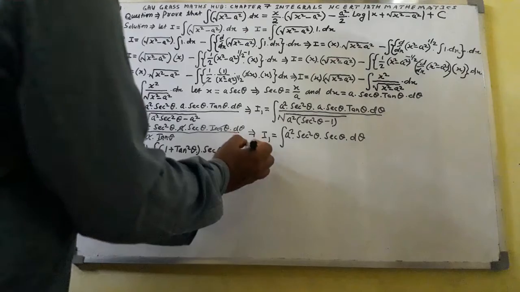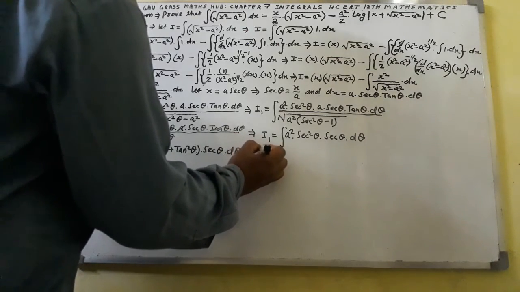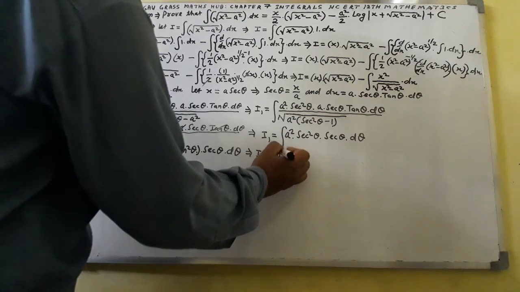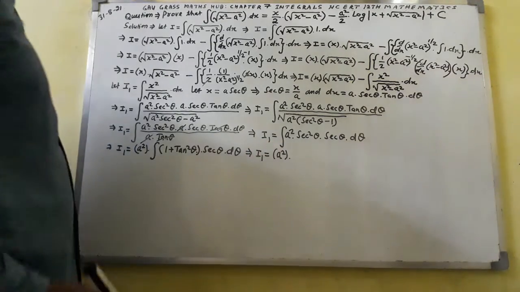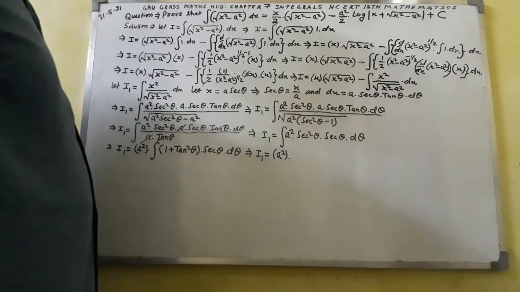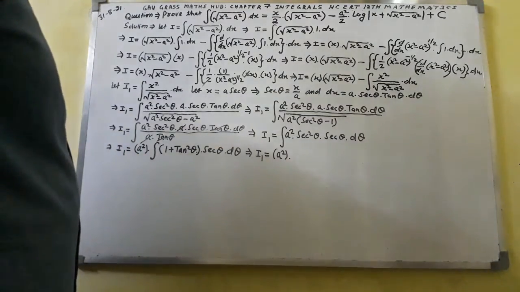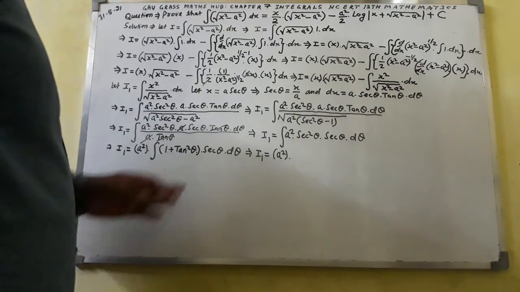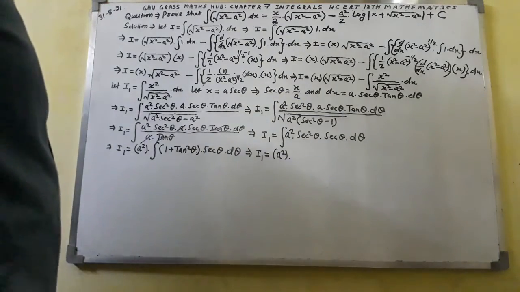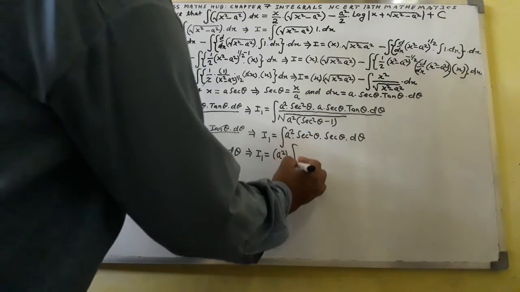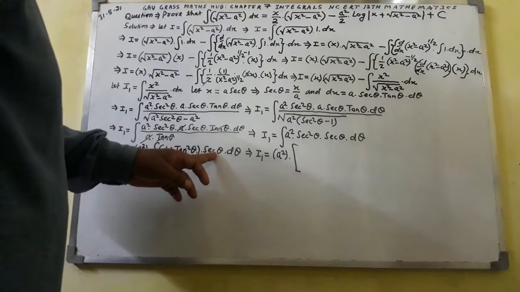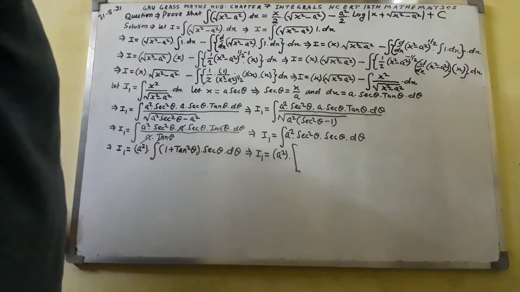Now put the value here, it implies that I1 equal to a square dot, in place of sec square theta I can write 1 plus tan square theta, and sec theta is there. So what to do next? Next I can write very well, open here a square bracket, and this sec theta and d theta will enter inside.